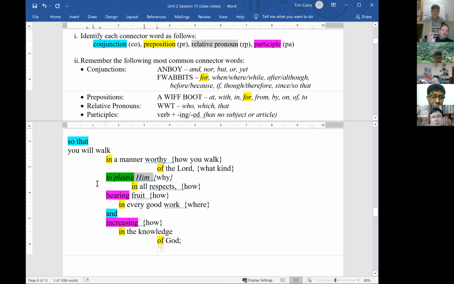So these would be four descriptions of how you walk, or something to that effect. But these are each modifying the action. The action here, this is the main idea. You will walk. How? In a manner worthy. How? Bearing fruit. How? Increasing. Why? To please him.